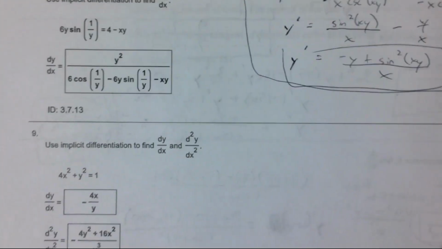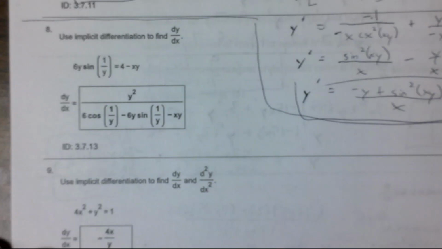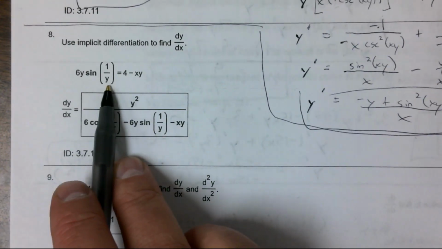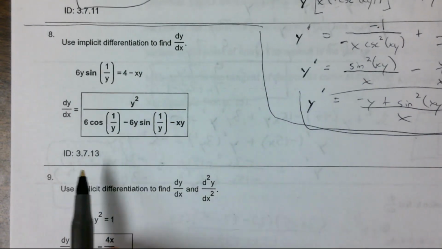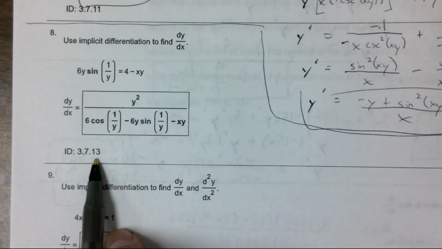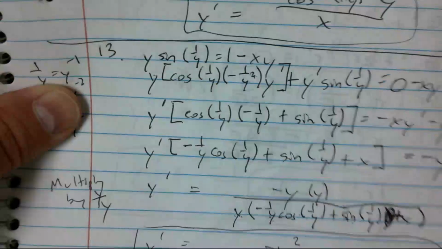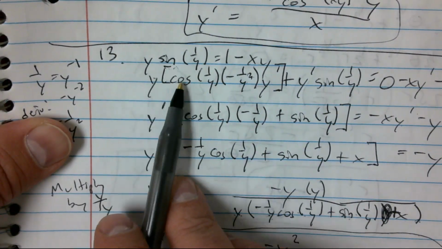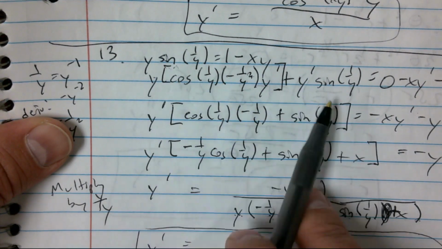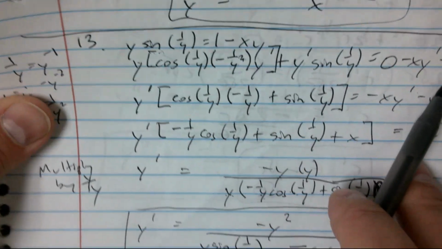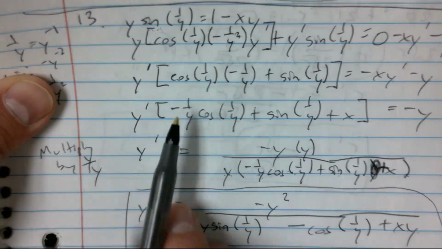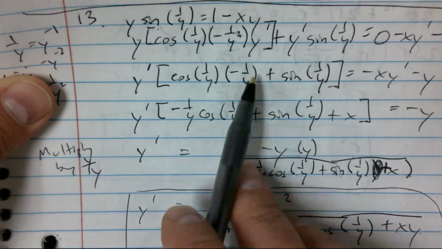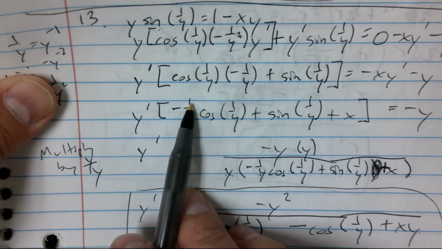Okay, on the next one, this one's a little unique because you have 1 over y as your angle, so to speak. It's number 3713. Looks like what I did to begin with was use the product rule, and then I did my implicit differentiation, then factor out the y prime, change these to be in a better order, and then divided by that.